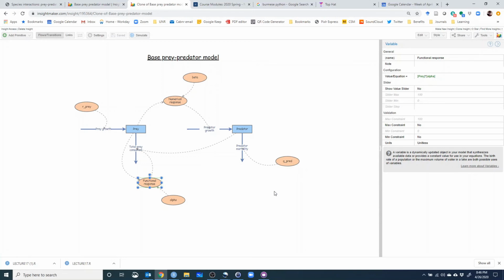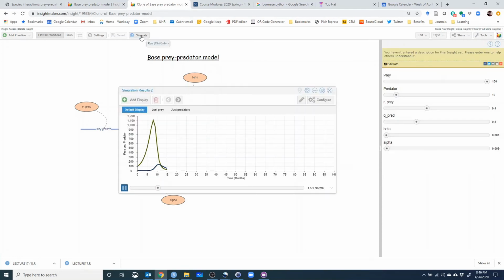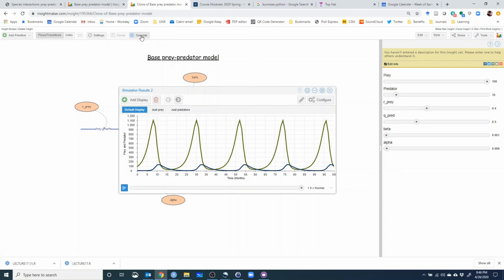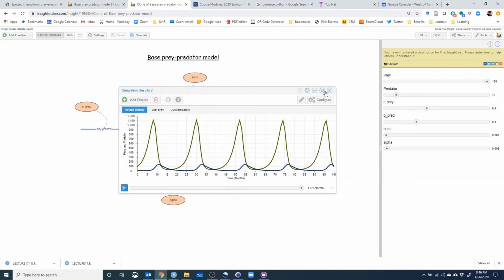Now I encourage you to play around with this model. First of all, simulate this model and see what happens. We have oscillating prey-predator dynamics, which we'll talk about in just a few minutes in the state space. But take a minute and play around with some of the parameters and see what kind of dynamics you can get.